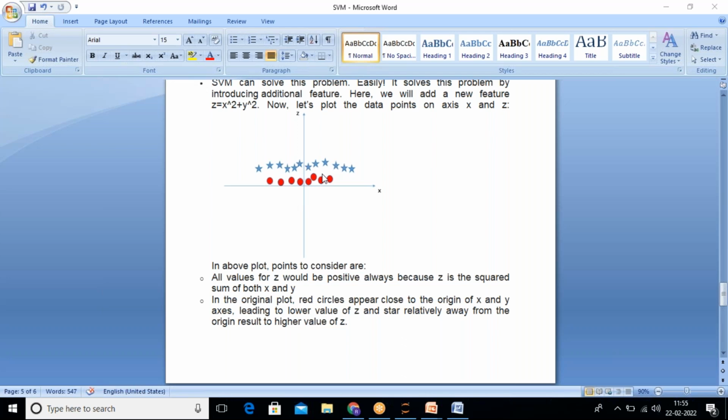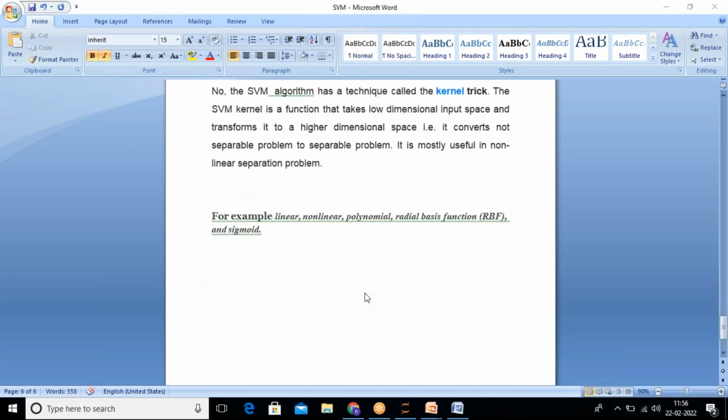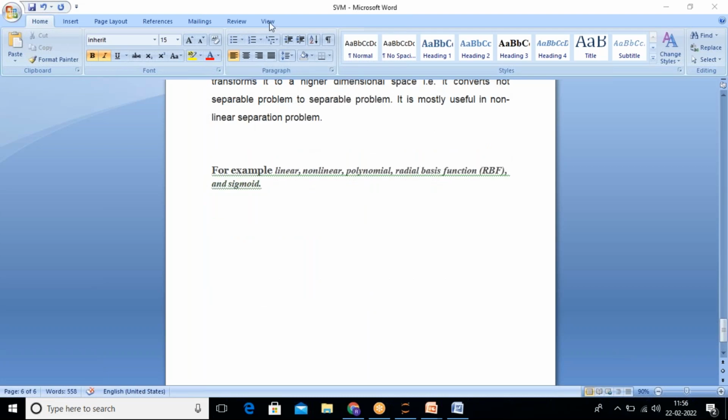See, I would like to show it to you. Linear, non-linear, polynomial, radial basis function, and sigmoid. These are the types of kernels that SVM uses.